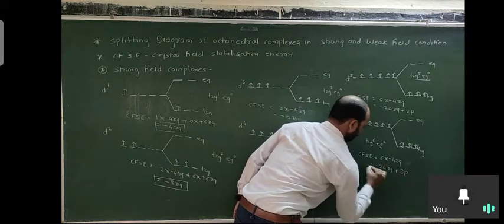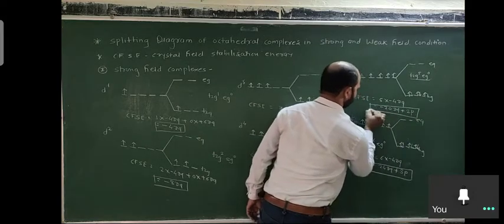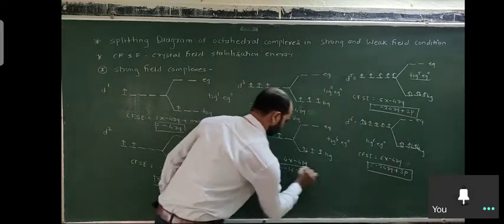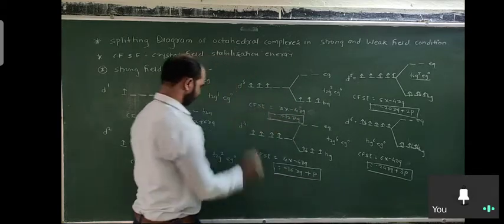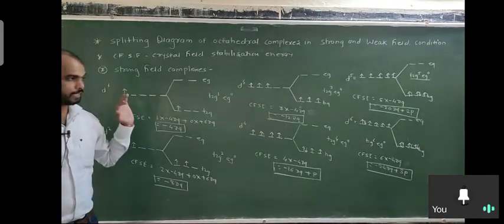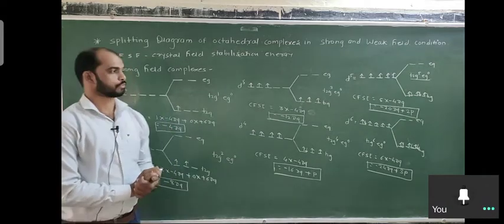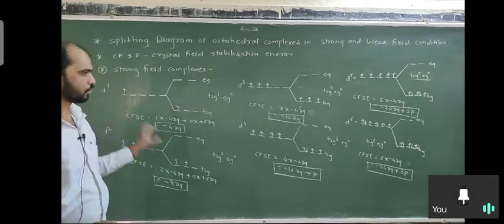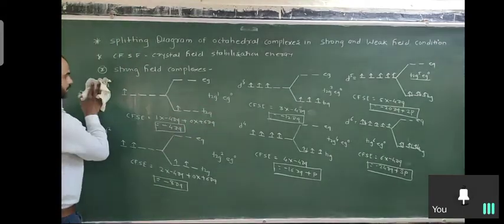So 3P is the CFSE. This way we can calculate and draw the splitting as well as the CFSE for all the systems. So we do some other systems also.